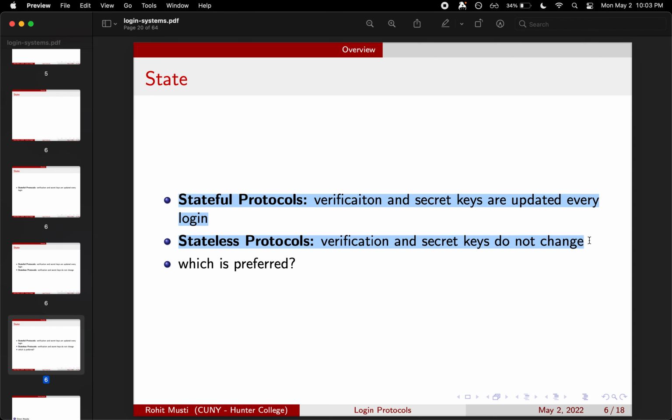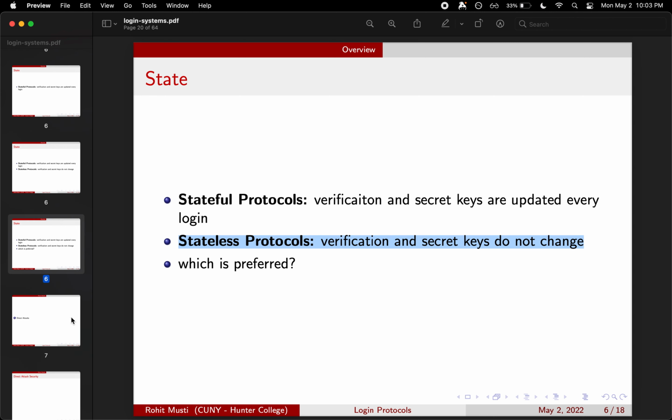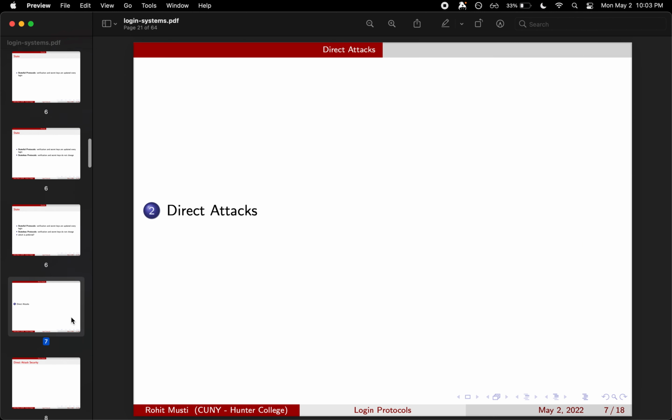Well, after some brief examination, we notice that stateful protocols introduce a new potential place for error or for manipulation, where the state might be incorrect. With a stateless protocol, we have the benefit of the state not really mattering. So this results in a slightly more stable security protocol. So there are a lot of benefits using these kinds of stateless protocols.